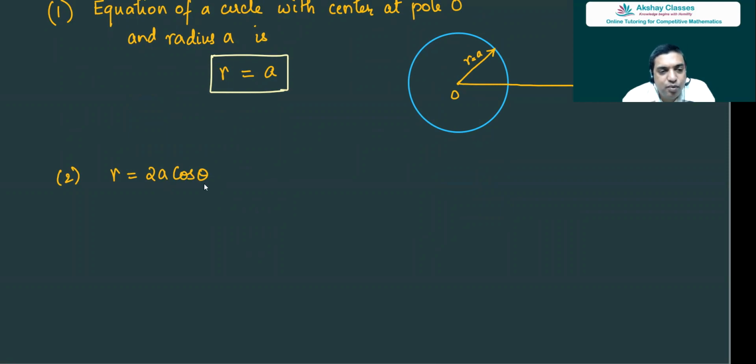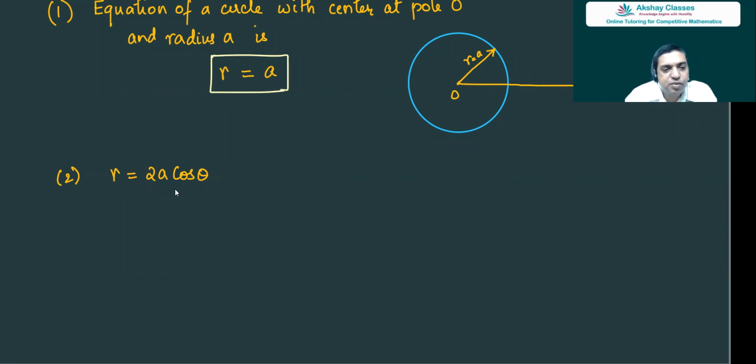When theta is equal to pi, R cannot take a negative value. When theta equal to pi by 2, see, R cannot take a negative value. You should remember this.